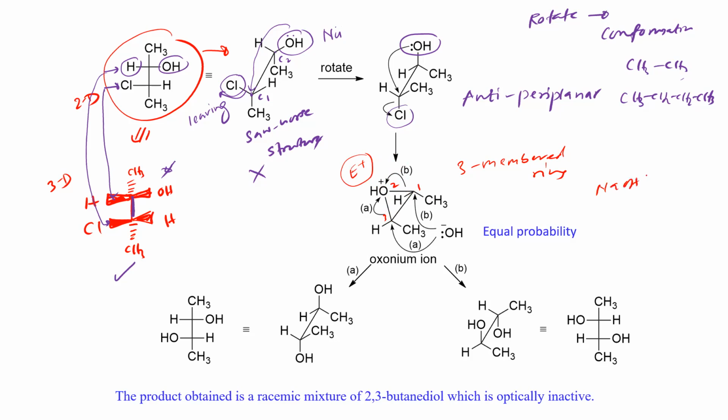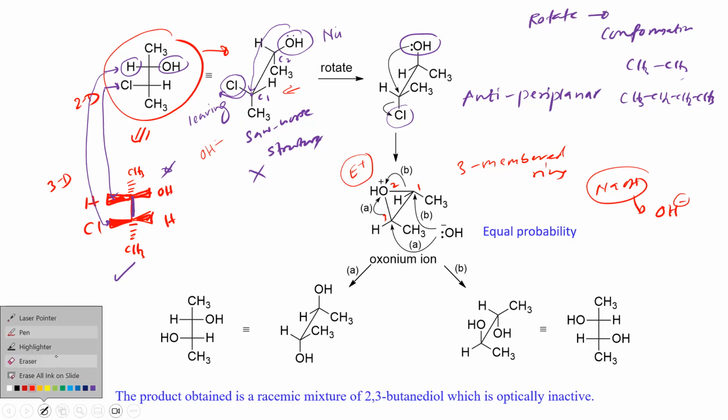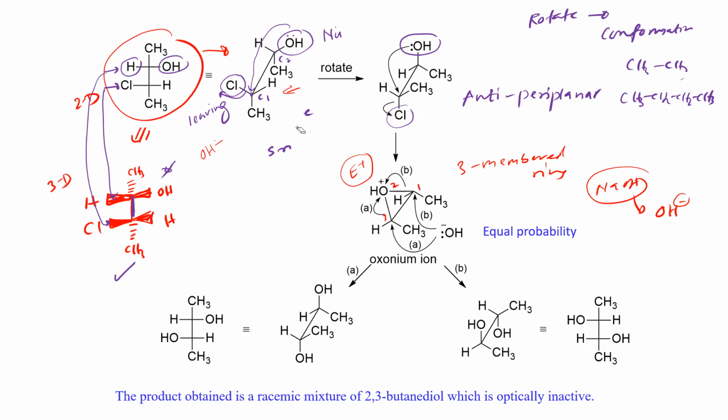Now remember, they are adding sodium hydroxide as well. That means it gives you OH minus. But if you look at this molecule, having chloride, that also could undergo a reaction. Let me erase all the other things to make it clear. So you may wonder why this does not undergo this kind of reaction.